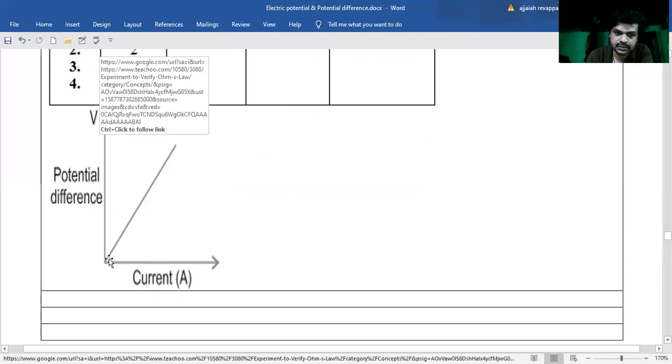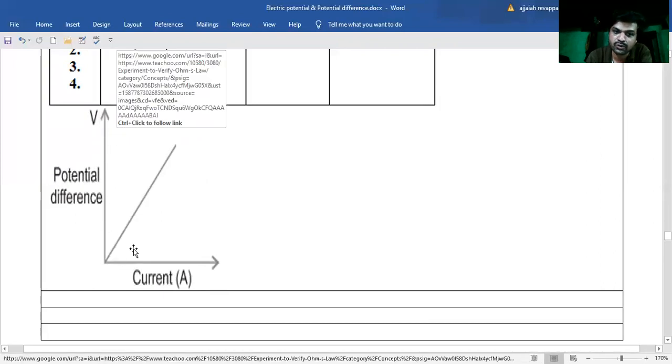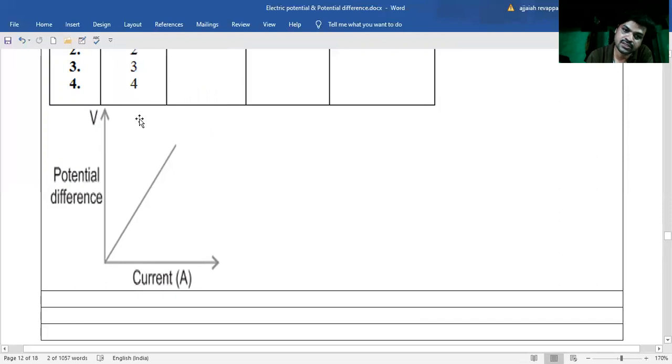Here I'm increasing the potential difference by equal amounts. The current also increases by equal amounts. So therefore I am getting a straight line. If you increase the potential difference by equal amounts and the current is not going to increase at the same rate, you will get a curved line like this or like this.